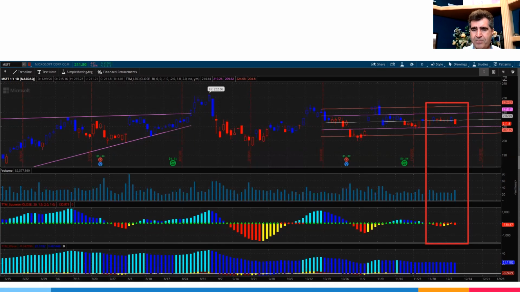I like that mathematical or statistical backup. So when I see there is this dark blue, which is more of a loss of momentum of the buy side. When the light colors come, that means there's momentum to the buy side.